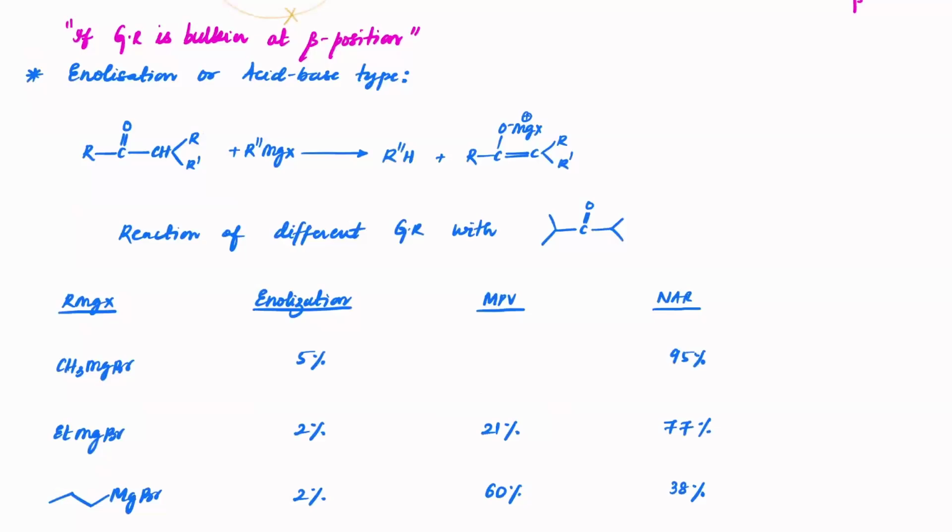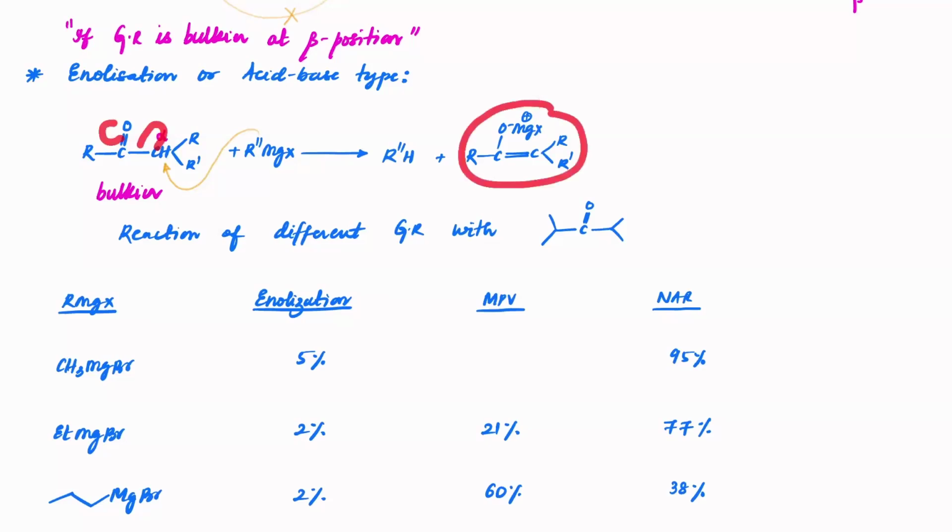Second case, enolization, or an acid base type of reaction. That is, if you have this ketone, now the ketone is becoming bulkier. So this time this is bulkier. If you have a bulkier ketone, but at alpha position you have a hydrogen, at least one hydrogen is there, in that case RMgX will try to take the proton from here instead of attacking as a nucleophile. So it will take a proton from here and push that negative charge into making an enolate ion.